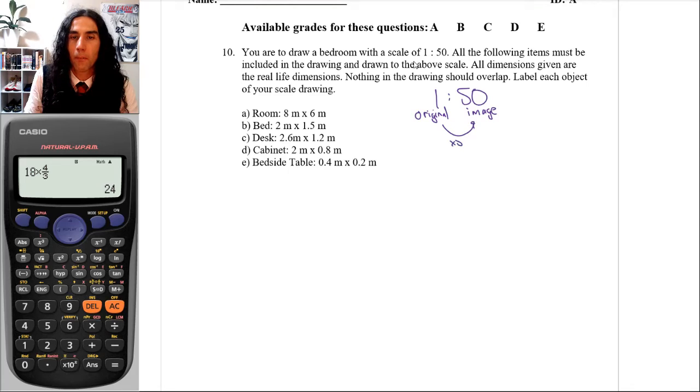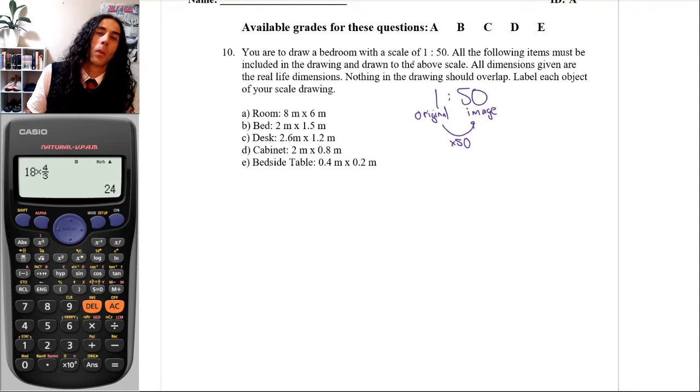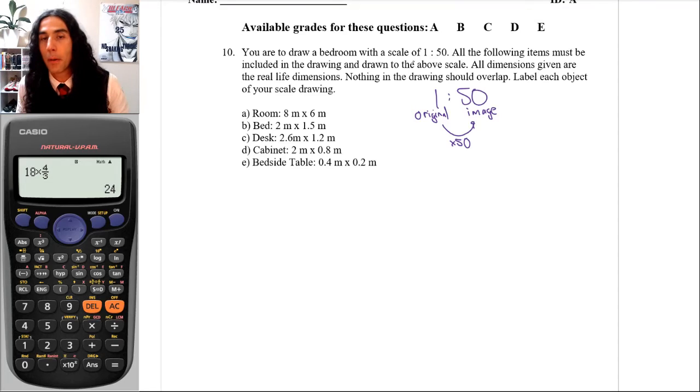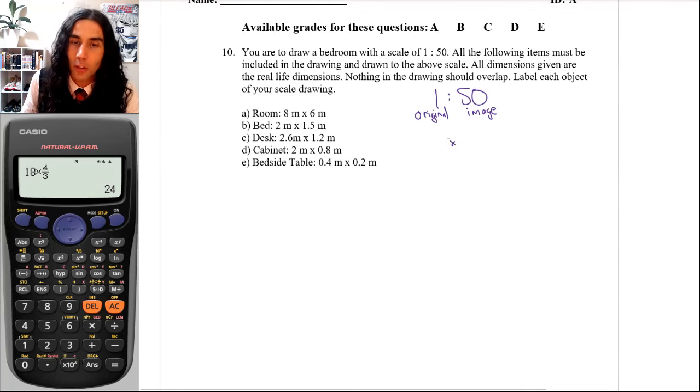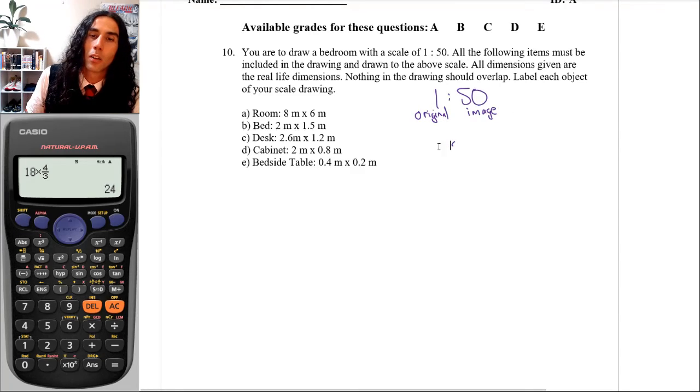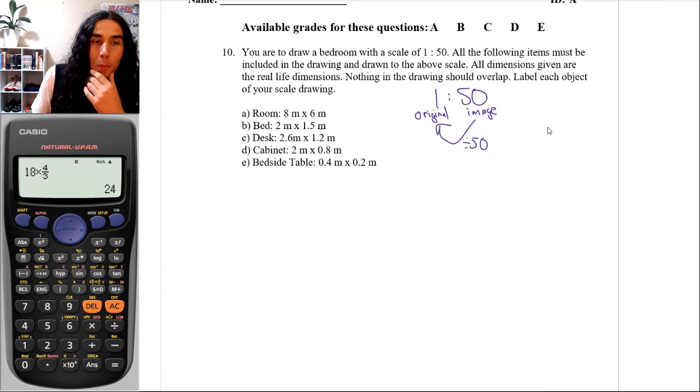Everything is 50 times bigger. Wait. But we are, my fault, going from the image to the original here. So what that means, if you start off with the image and you want to find out how big the drawing should be, you're going to have to divide everything by 50.